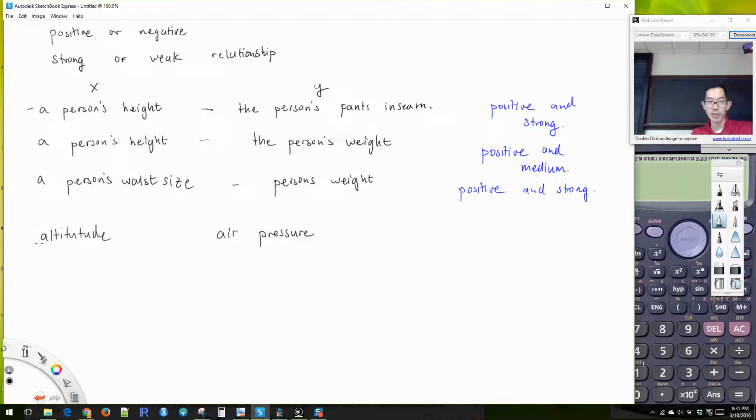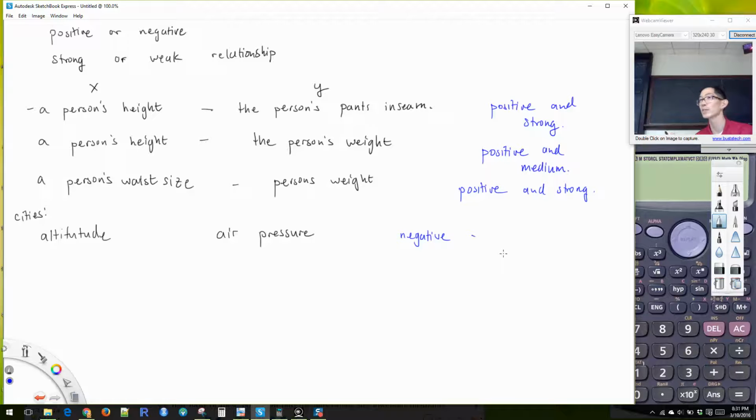So cities with high altitude, do they have high air pressure or low air pressure? They have low air pressure, right? And cities with lower altitude would experience greater air pressure. Okay, so we would have a negative relationship. Would our predictions be good or bad if we know the altitude?